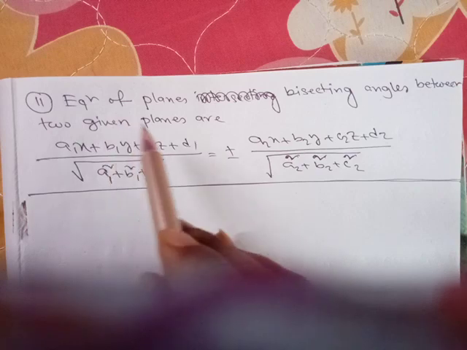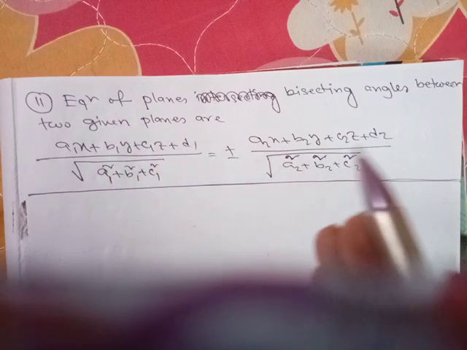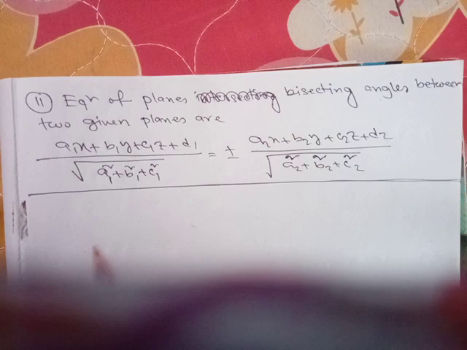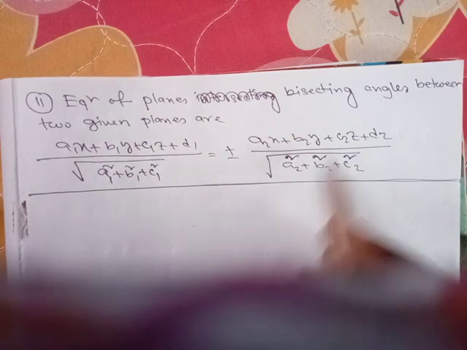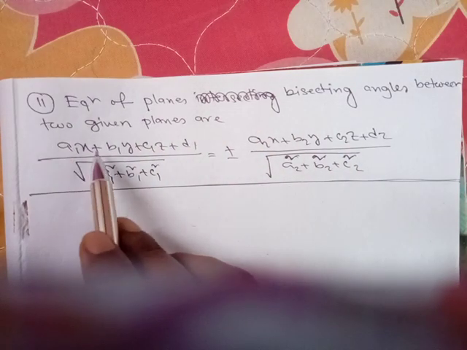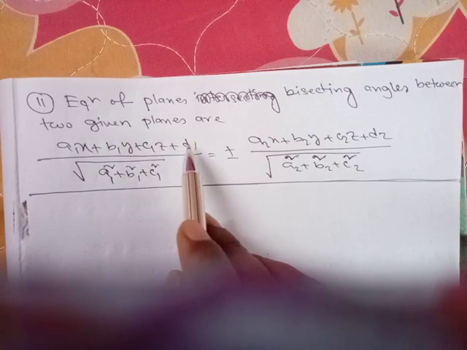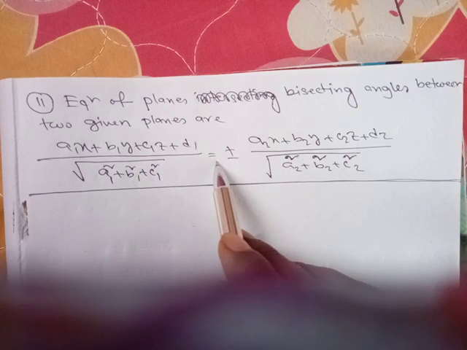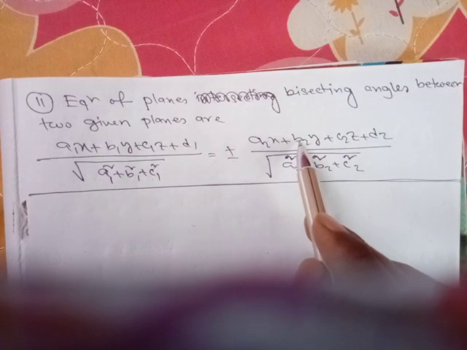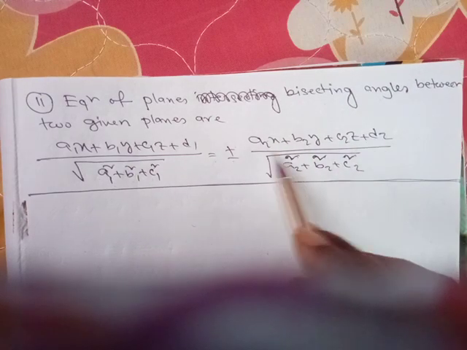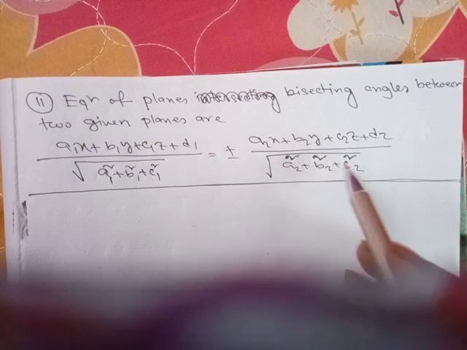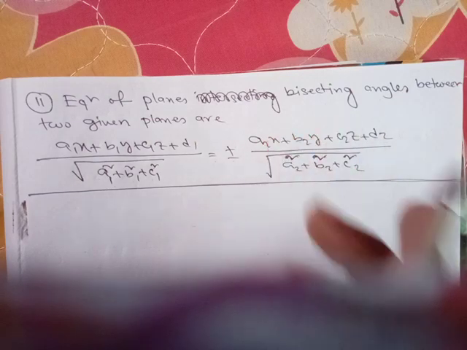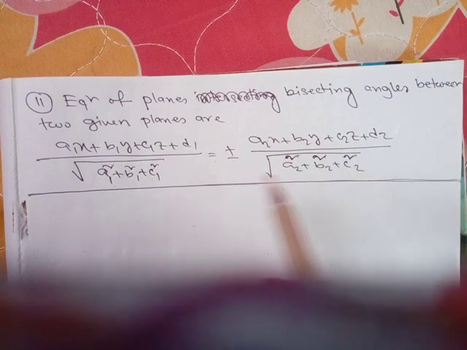The equation of the plane which bisects the angle between those intersecting planes is a1x plus b1y plus c1z plus d1 divided by root over a1 square plus b1 square plus c1 square, equal to plus or minus a2x plus b2y plus c2z plus d2 divided by root over a2 square plus b2 square plus c2 square. So if you know and understand all these formulas, you can easily solve the sums from the chapter on planes.